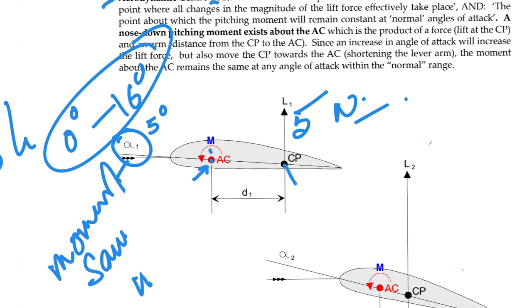Your CP position is here, and the distance between AC and CP, D1, is equal to, let's say, 4 meter.